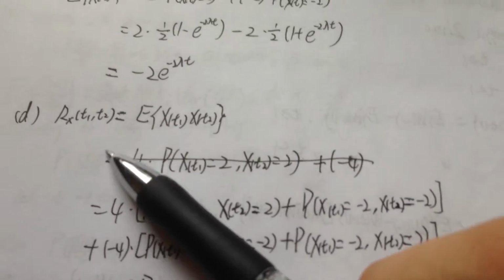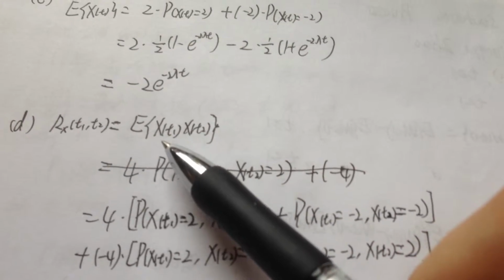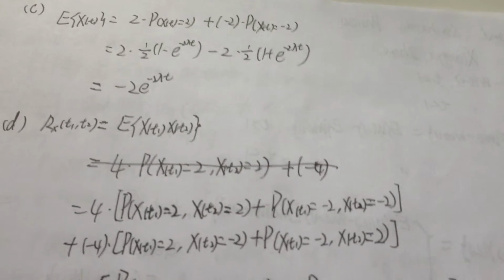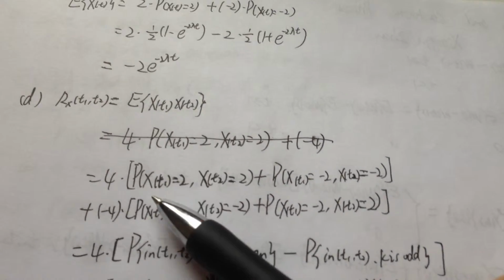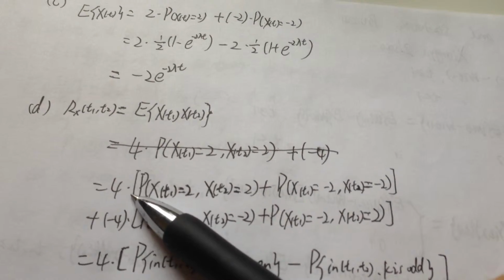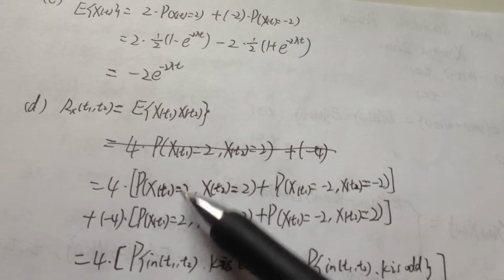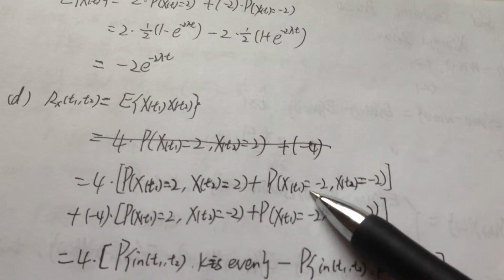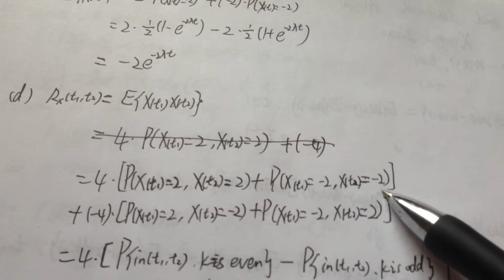And the correlation equals the expected value of the product of X(t1) and X(t2). It's when X(t1) equals 2 and X(t2) equals 2, or X(t1) equals minus 2 and X(t2) equals minus 2.